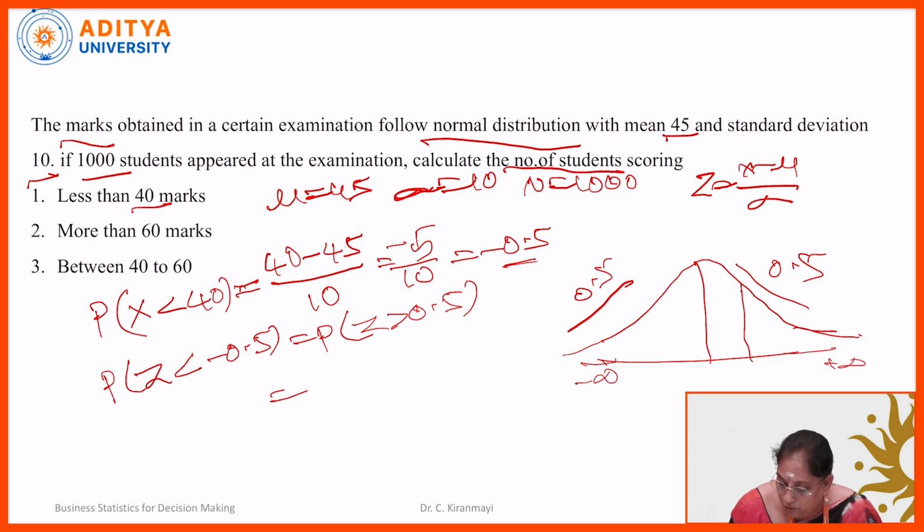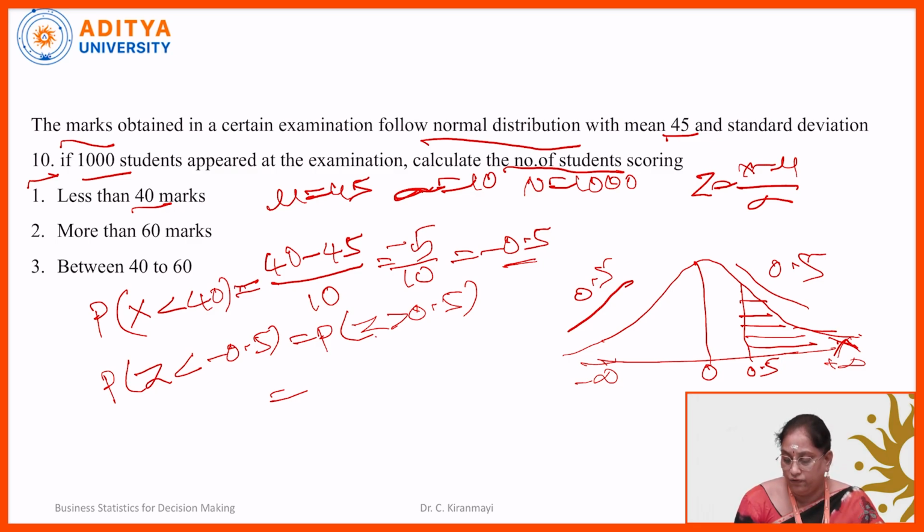The 0.5 lies somewhere here, and since it is a positive value, it lies on the right side, and we have to find the probability area greater than 0.5. All the data points greater than 0.5 lie this side, so the shaded region denotes the area greater than 0.5.